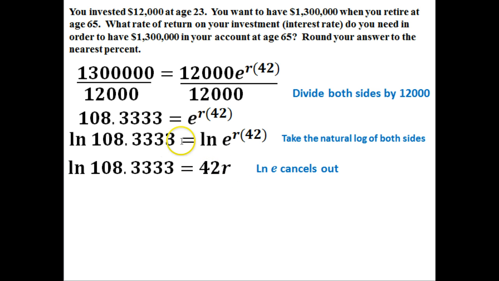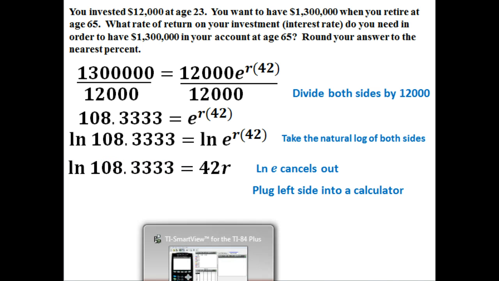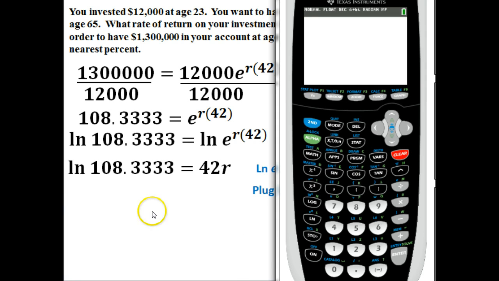Now that I've got that, I'm looking for what R is, and I don't know what that is yet. So the next thing we're going to need to do here is plug this left side into the calculator. We've got to figure out what the natural log of 108.333 is. And it sounds fairly complex, but it's really not too bad. We've got our calculator, and our calculator has our natural log button. So I'm going to use that.